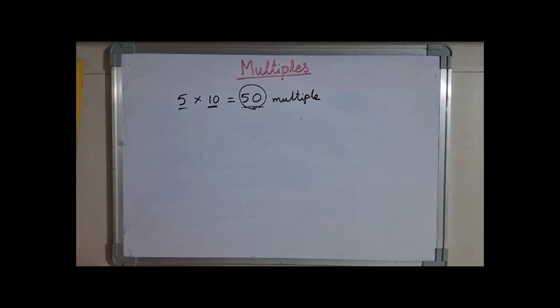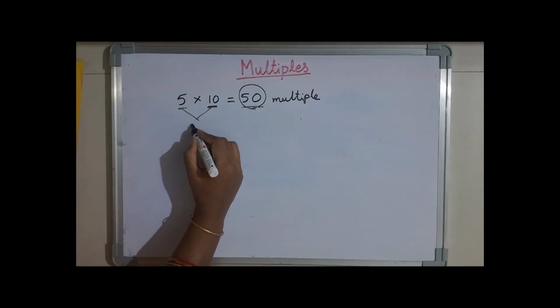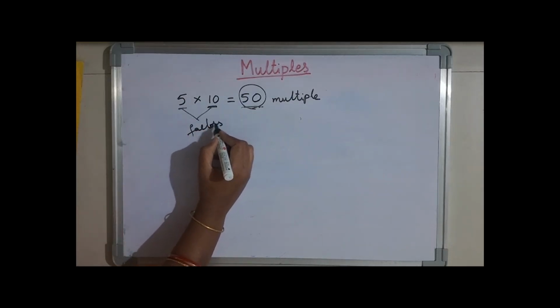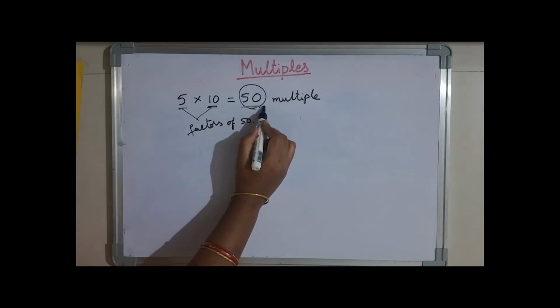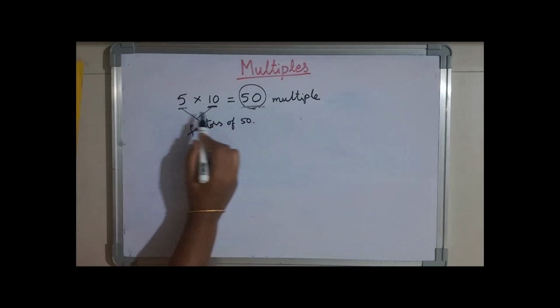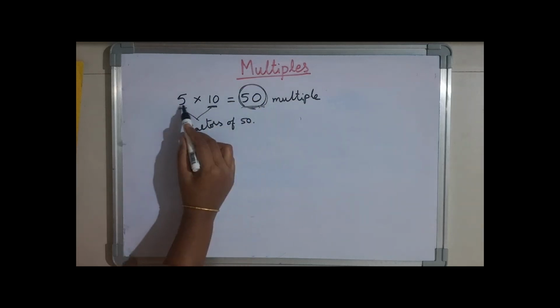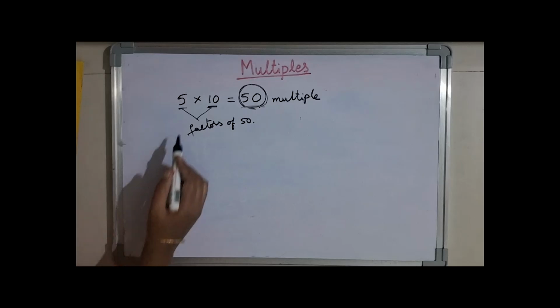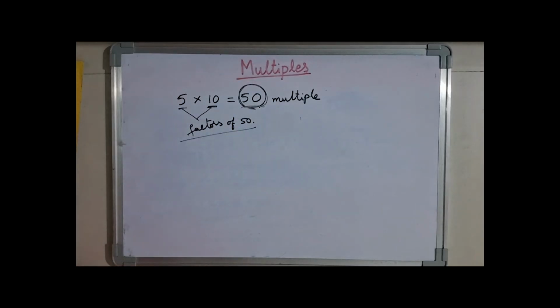Here we also observe that 5 and 10 are the factors of 50. The product obtained by multiplying two numbers is called the multiple of these two numbers, and these two numbers are called the factors of this number.